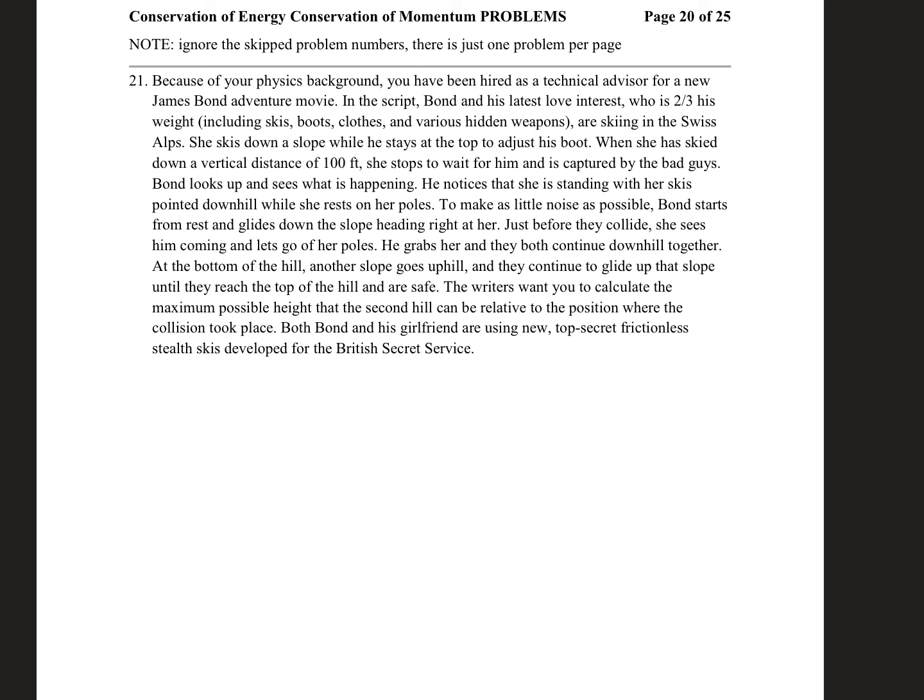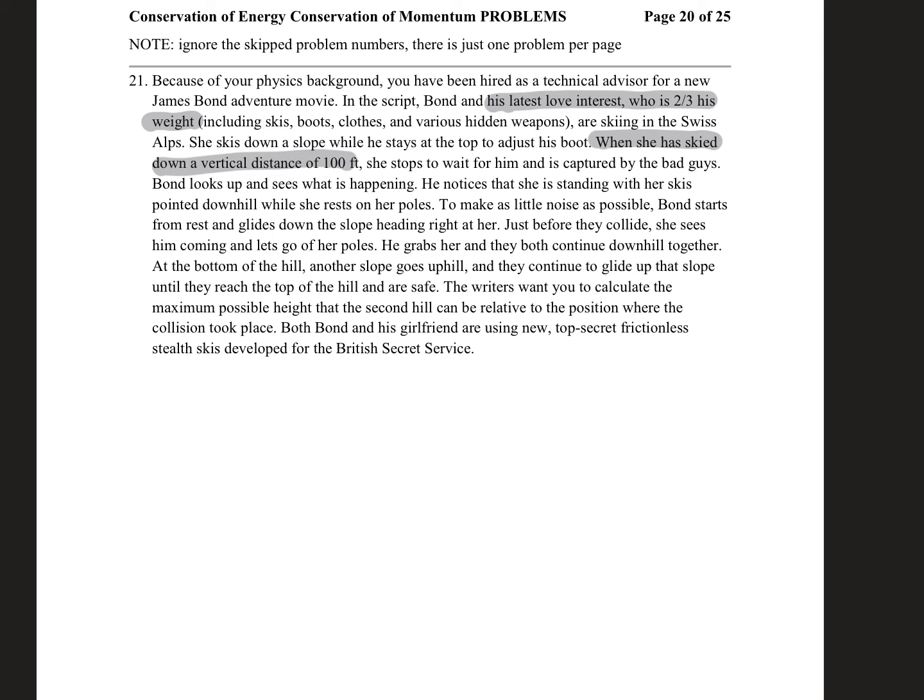James Bond movie. He's in love with a bad girl. So let's see here. His latest love interest is 2/3 his weight. When she has skied down a vertical distance of 100 feet, she stops and waits for him, captured by the bad guys.